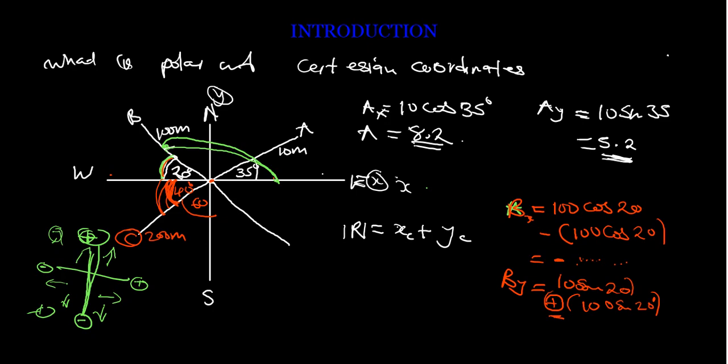For c x component, have you seen cos is negative this side, then cos is positive this side. So we'll charge this one as negative, then you pretend to say we only have 40.